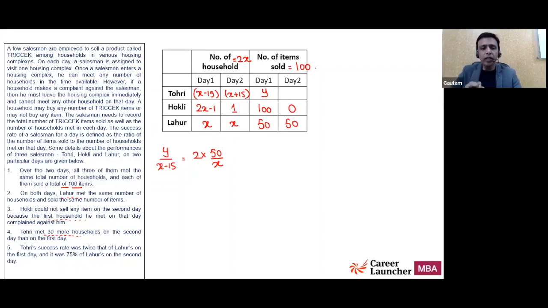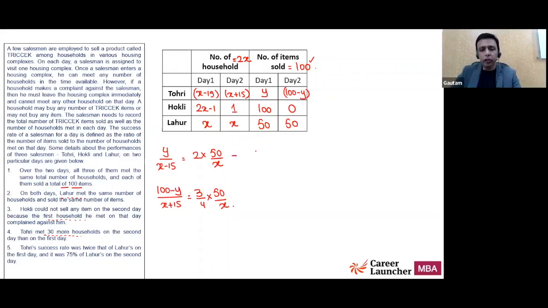And Tory's success rate on day 2, because he has to end up selling a total of 100, he would sell 100 minus y items here. So his success rate on day 2 would be 100 minus y upon x plus 15. That has to be 75%, or 3/4, of 50 by x. Obviously, we can equate y from both equations.